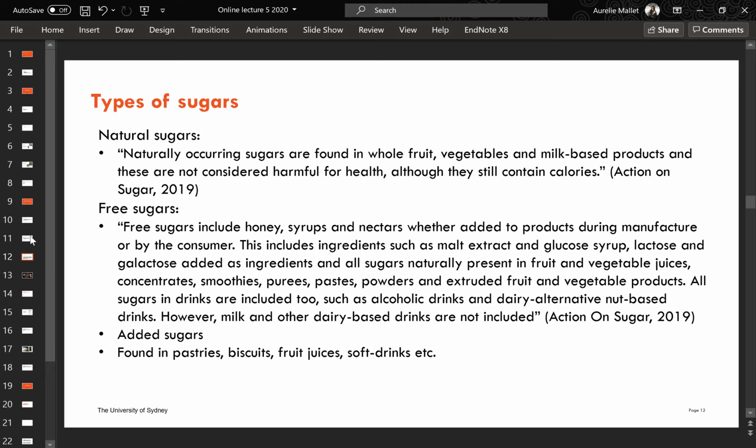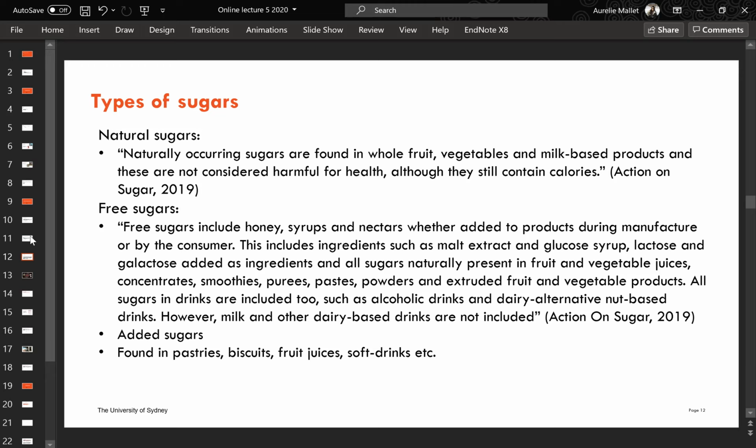So these are found in whole fruits and vegetables, and they are found in milk-based products, such as milk, yogurt, and when I say yogurt, I mean the ones that don't contain added sugars, so just like plain yogurt. And these naturally occurring sugars are not considered harmful for our health, although they of course contain calories, as all foods do.